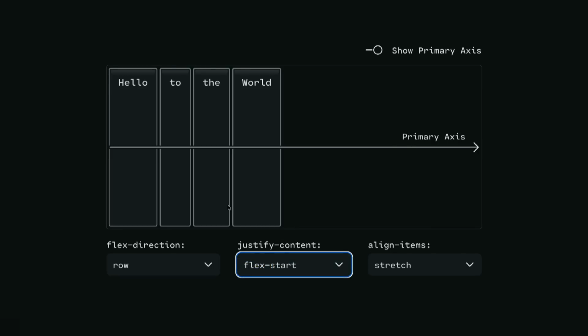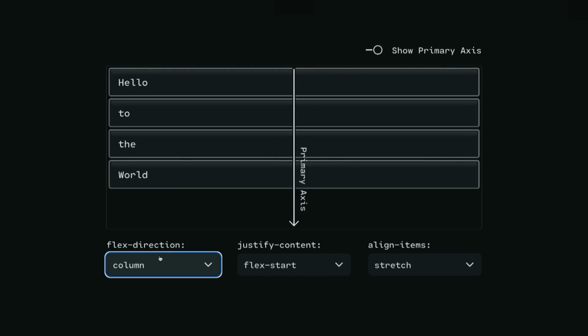In a row, we go left to right, and so it goes in that direction, and start is at the start of that. If I change it to column, well, now we go top to bottom. And so again, they're still aligned in the primary axis at the start of it, which is like grid doesn't work that way. Flow does have block and inline directions, but we can't just rotate the whole system.